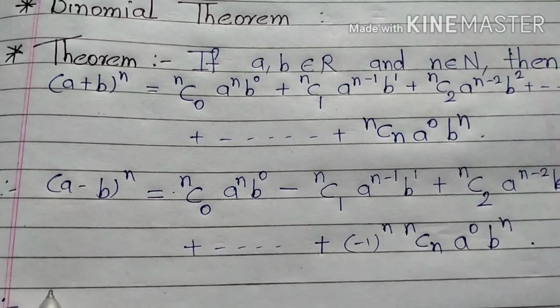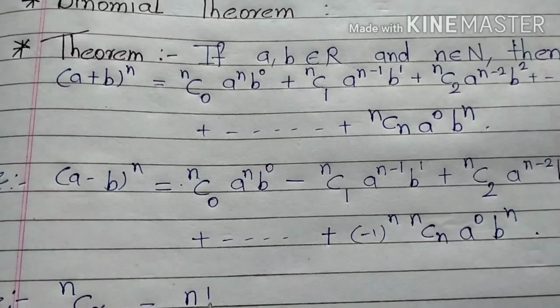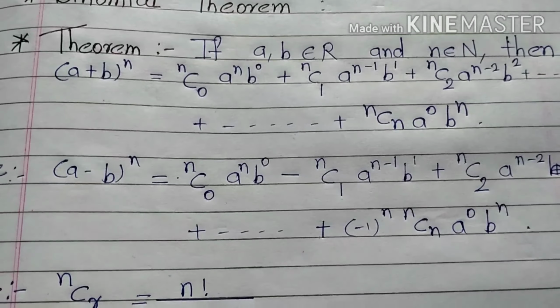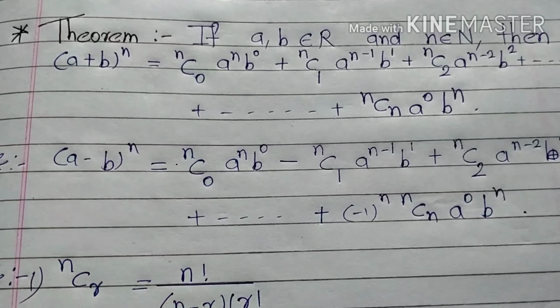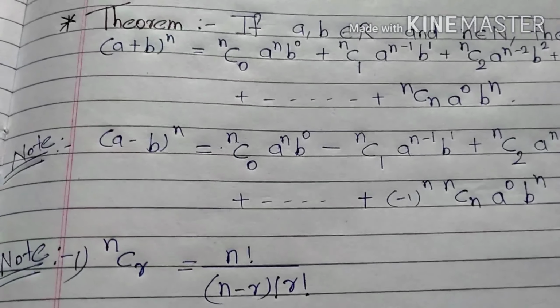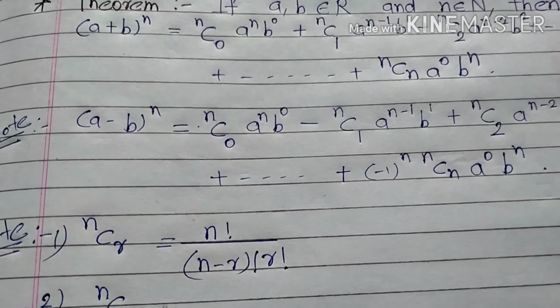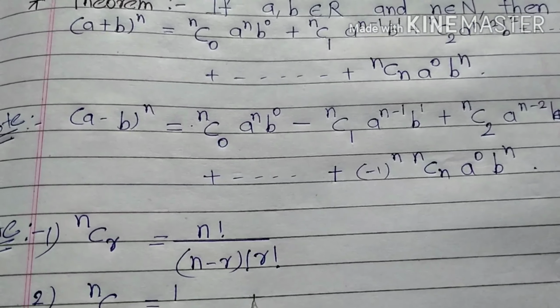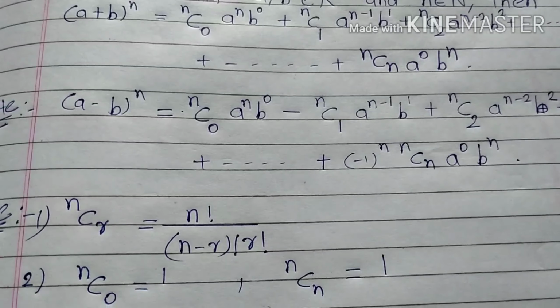So it is our first formula, nCr is equal to n factorial upon n minus r factorial into r factorial. This is the formula of combination. Then second, we know that nC0 is equal to 1. Also nCn is equal to 1.